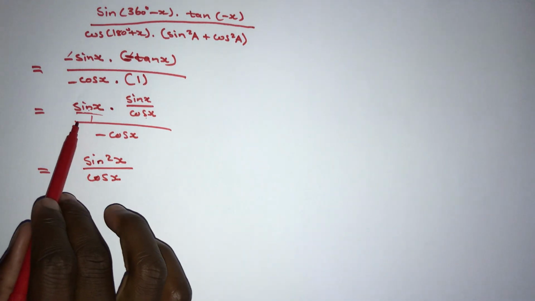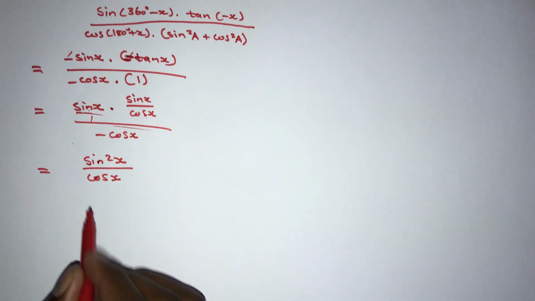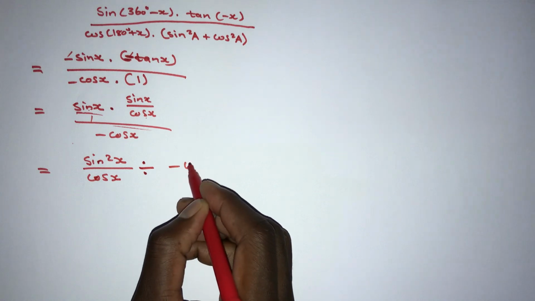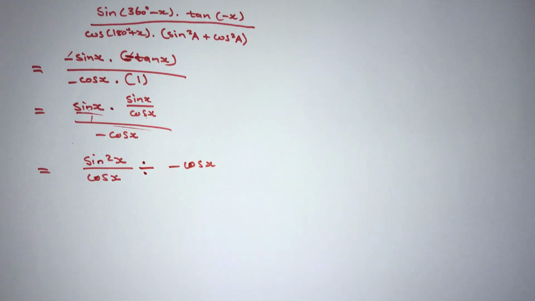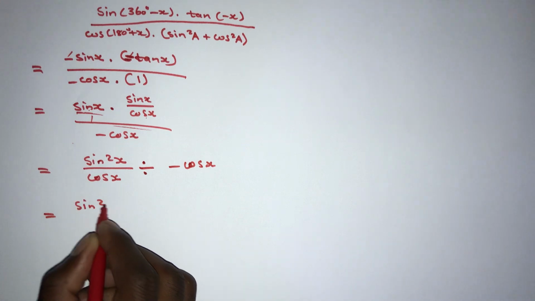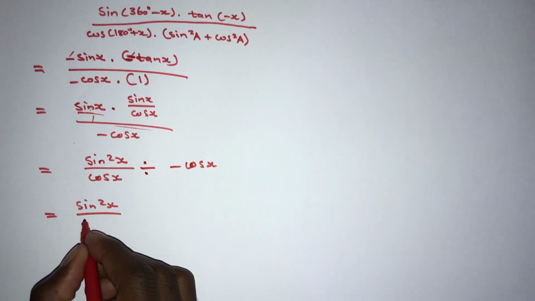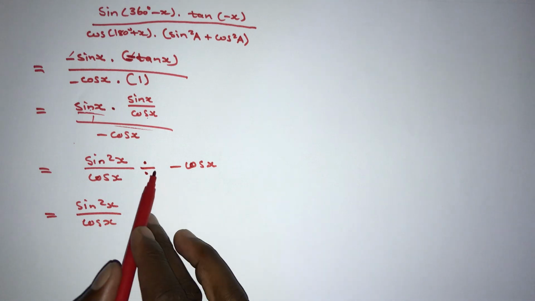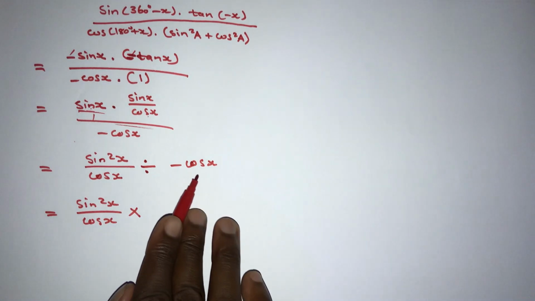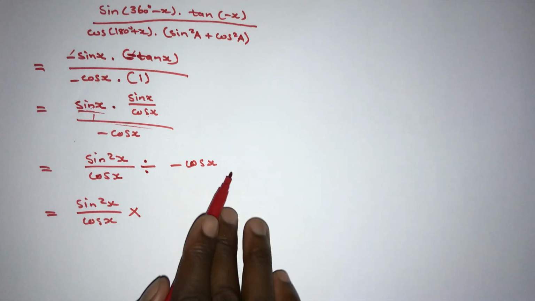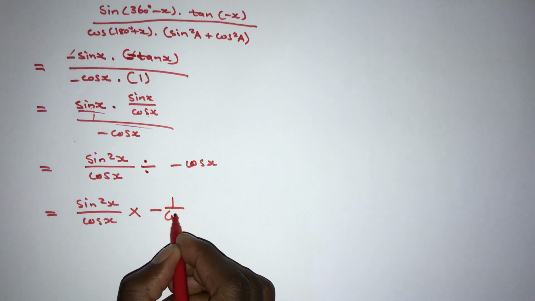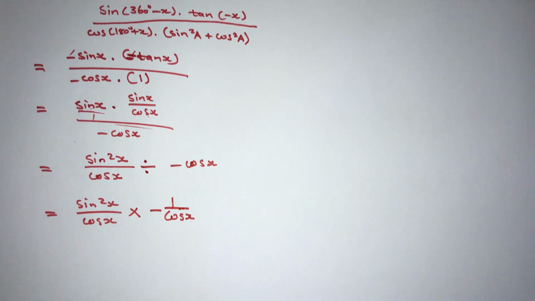And then let's take this division and put it here, negative cos x. We didn't change anything. So now this is sine squared x over cos x. Then you change this division into multiplication. Now this one is going to give us 1 over cos, so it's negative 1 over cos x.